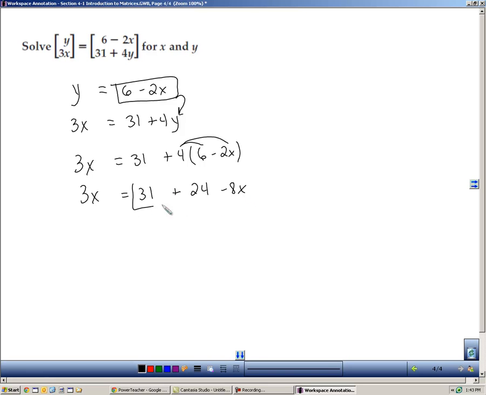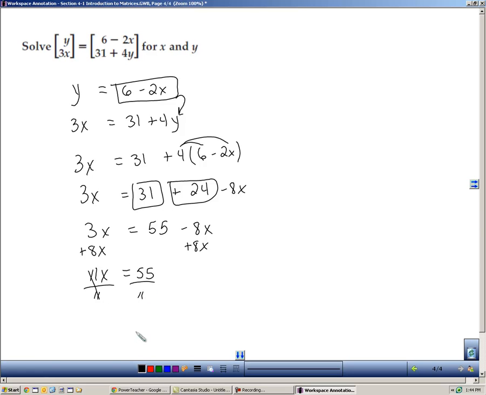These are like terms that are on the same side. So 31 plus 24 is 55 minus 8x. I'm going to bring the negative 8x over by adding it. So 11x equals 55, and then we'll divide by 11. So x equals 5.